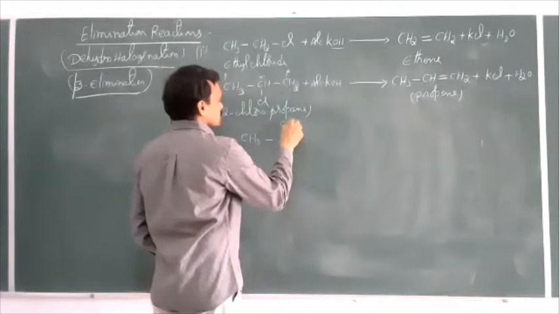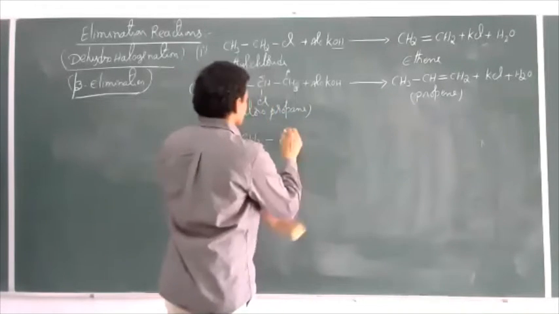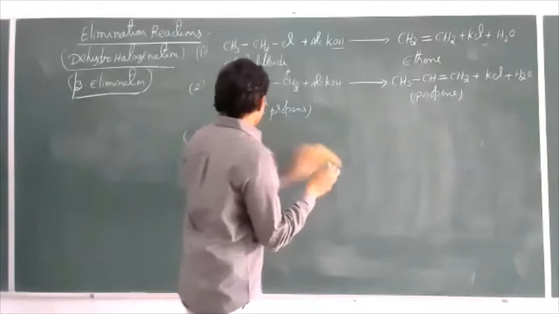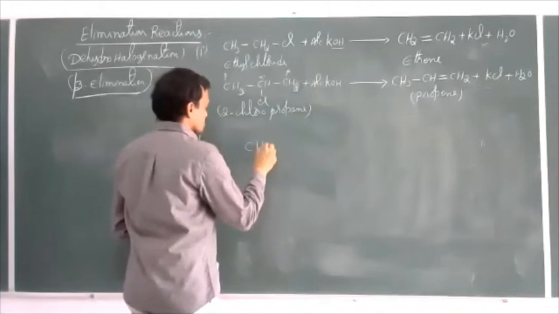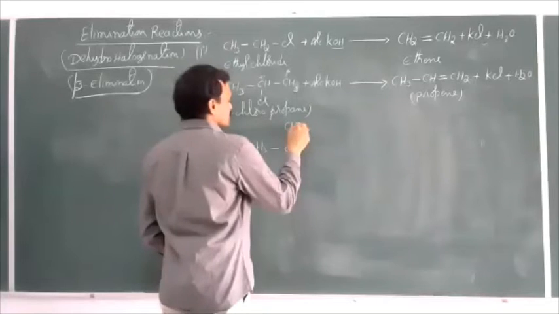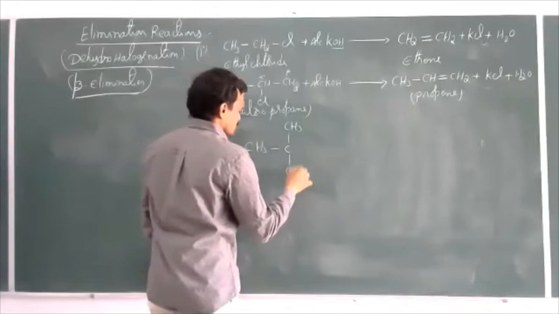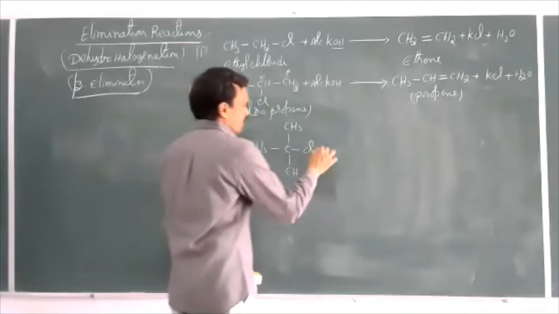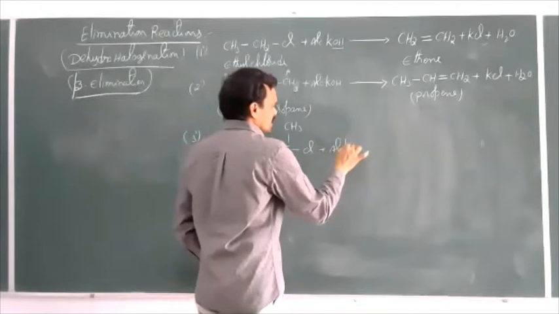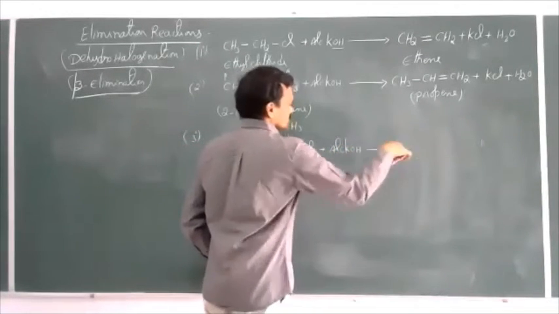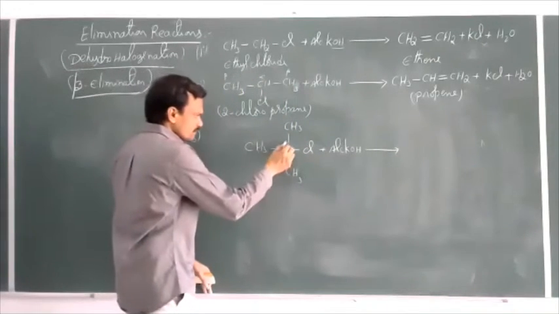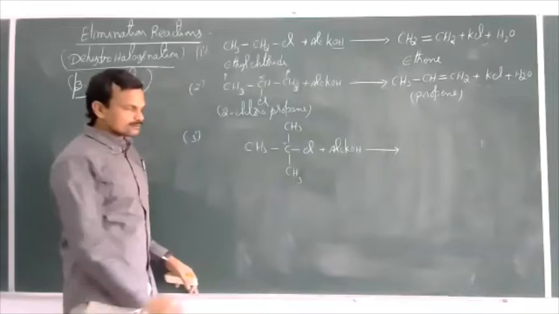CH3 C, with CH3 and CH3, and Cl. When this is allowed to react with alcoholic KOH, then this is the alpha carbon.